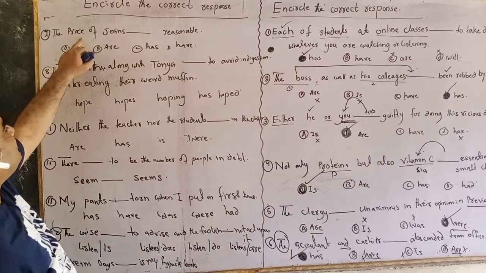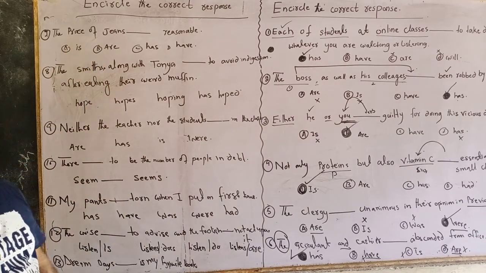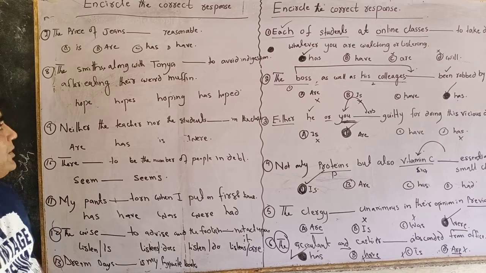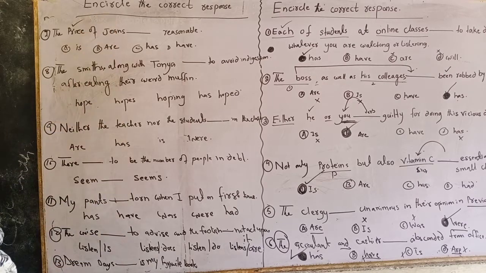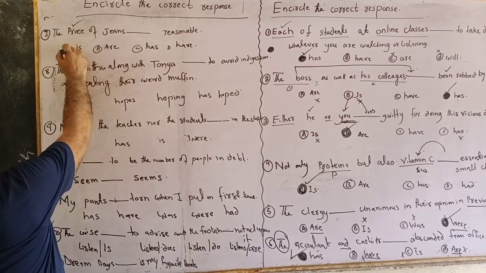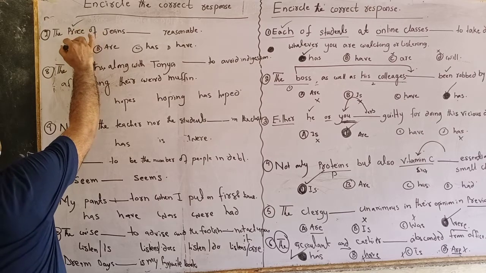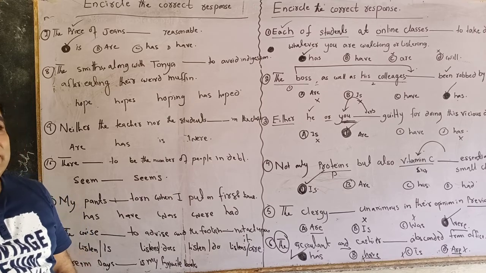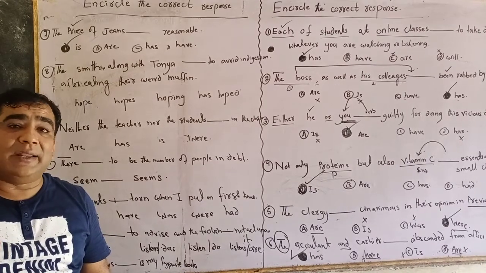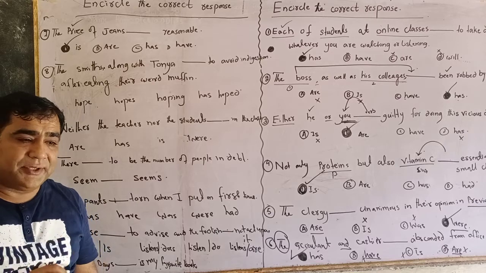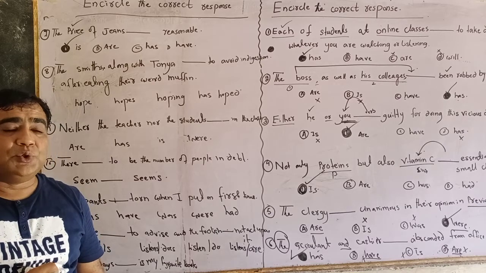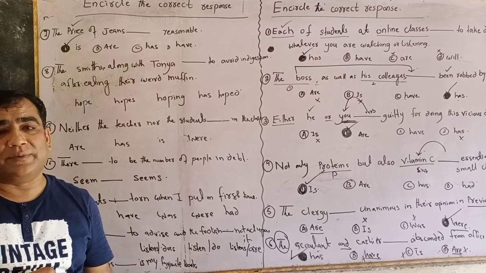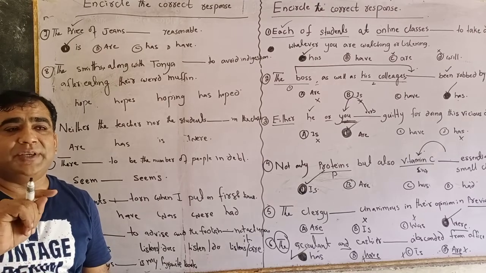But when we use a pair of, then we use the singular one. But if the sentence comes like that, the price of jeans, we are not talking about jeans. Don't be confused. We are talking about price. "The price of jeans dash reasonable." It takes only this word because of the price. If I say "the jeans dash suits to you," what will you do? See, the jeans suit to you.